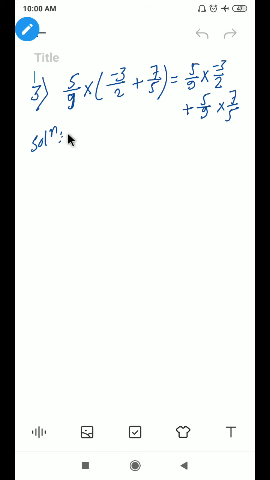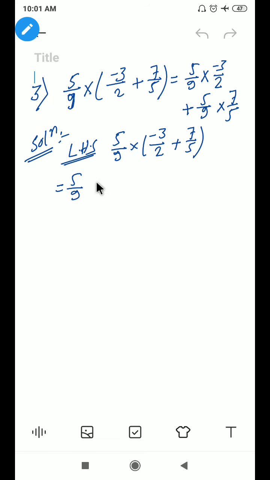Now go to our solution. So first we have to find out LHS. LHS is given here: 5 by 9 into minus 3 by 2 plus 7 by 5.